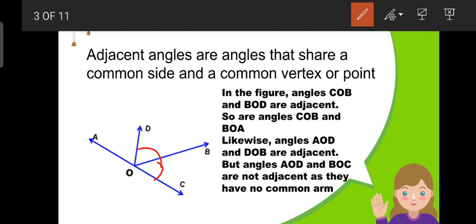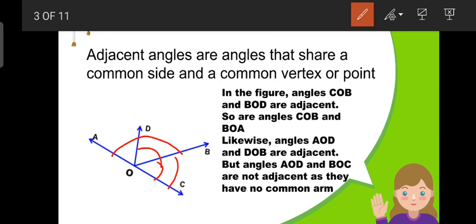Why? Because they share the common vertex O and a common side OB. So are angles COB and BOA. Yes or no? This angle and this angle are also adjacent angles.